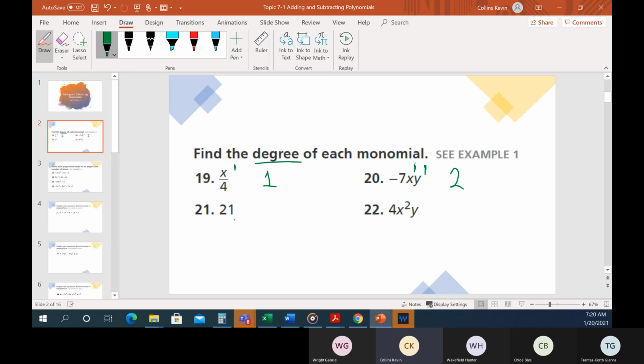All right, so down here, 21 is 21. I don't see a variable, right? So what's our degree on this if there's no variable? Take a guess at that one.